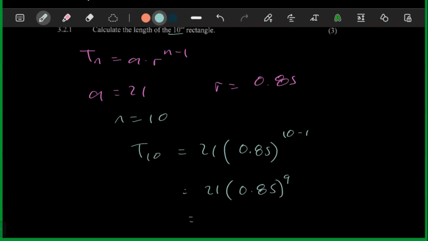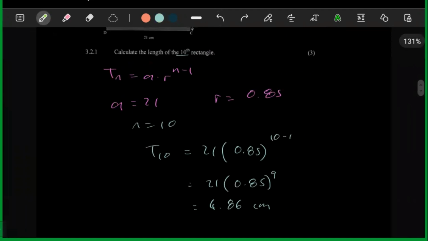In our nice calculator, we're getting 4.86 centimeters. Fortunately, this is not physics, so you don't get really penalized for units. But if you're gonna do physics and maths together, just get in the habit of writing your units.